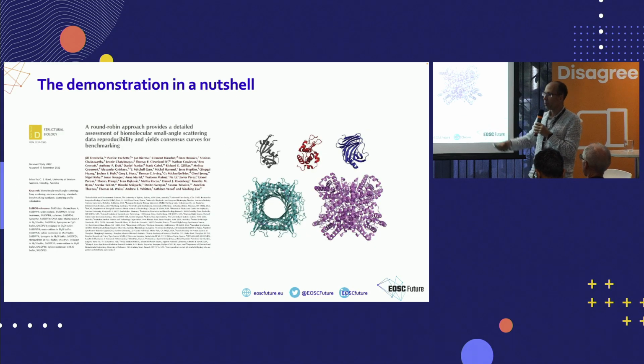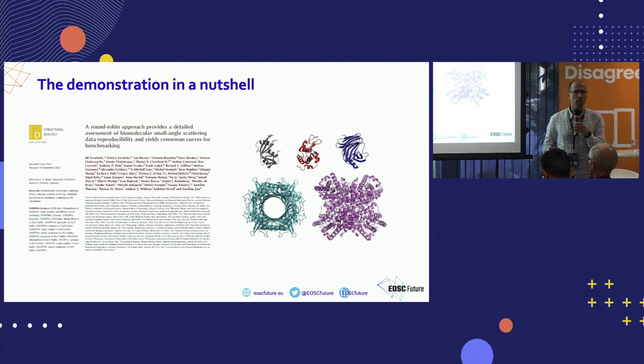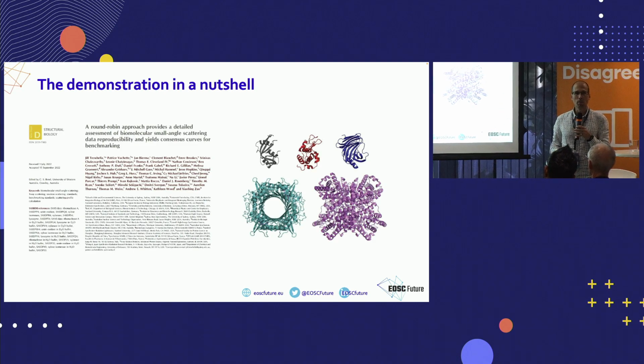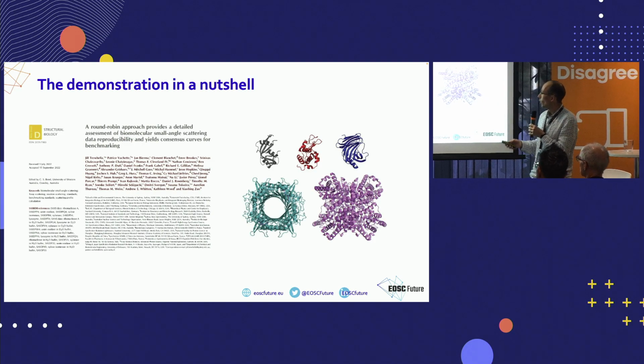This is a recent publication. It was a round-robin study of 5 different systems. Basically, the goal of this study was to determine the reproducibility of the structures obtained in different facilities, to determine how reproducible the data are when we use different instruments to obtain them, and when we use different reduction software to get a result.